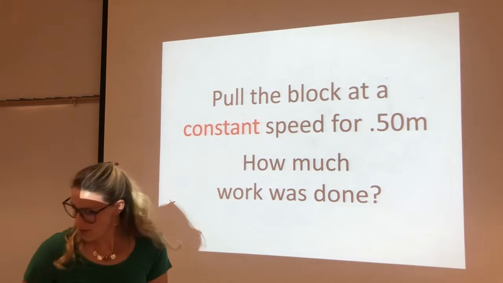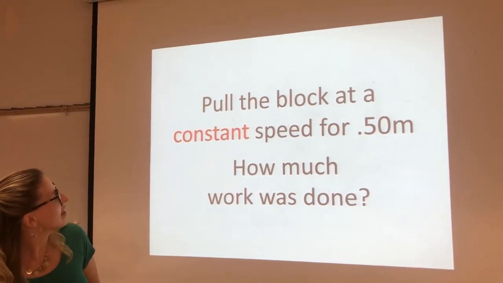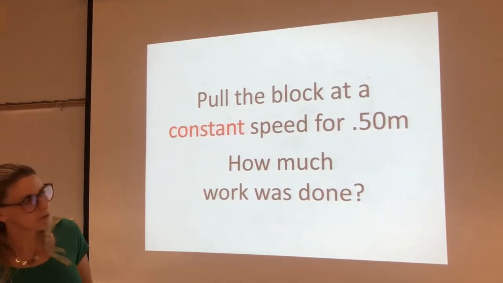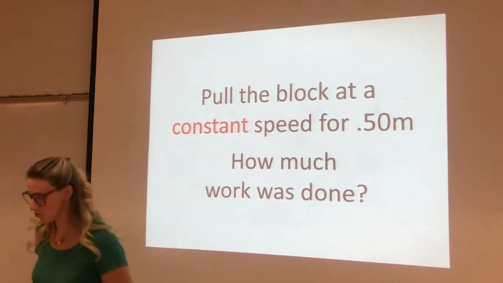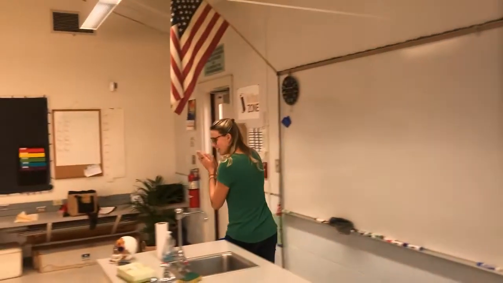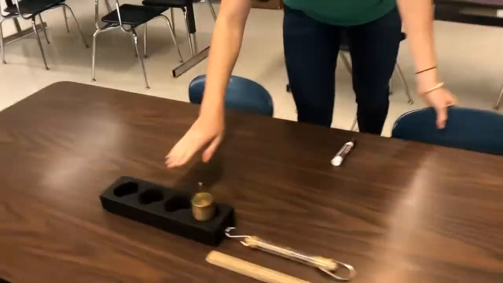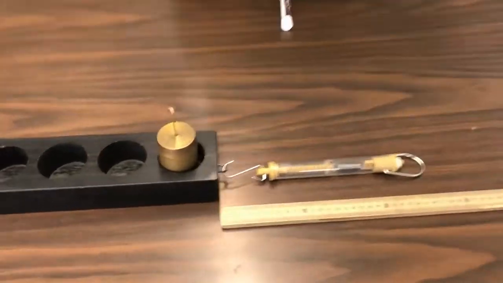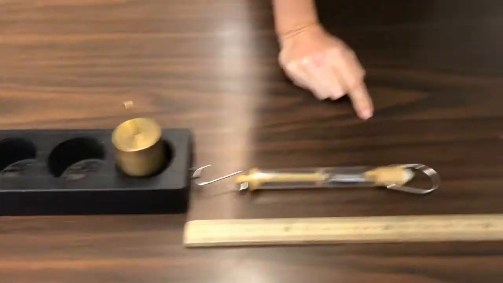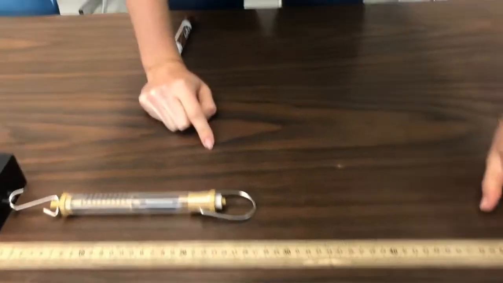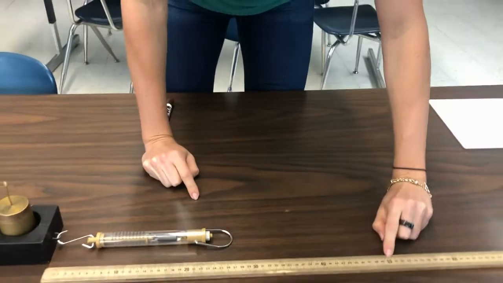Pull the block at a constant speed for 0.5 meters. Got your calculators? Let's do some calculating. So we have a block with mass, and here is our meter stick, and we're going until the 0.5 meter mark.